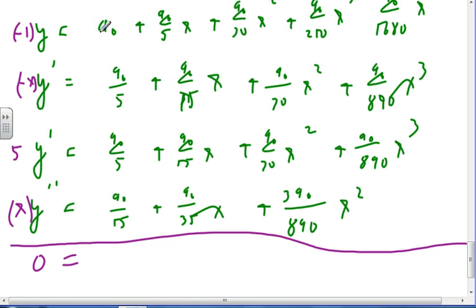Okay, so I got minus a0 plus a0. That term goes away. I've got minus 1/5, minus 2/5, minus 2/5, plus a third, plus a 15th. Is that 0?